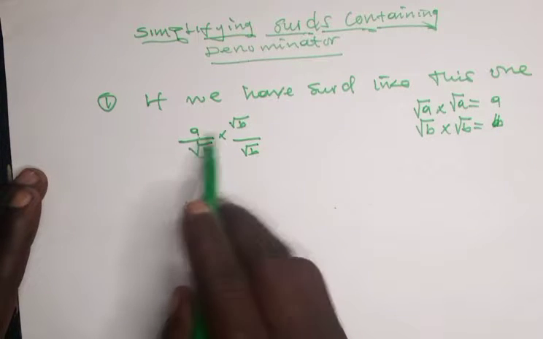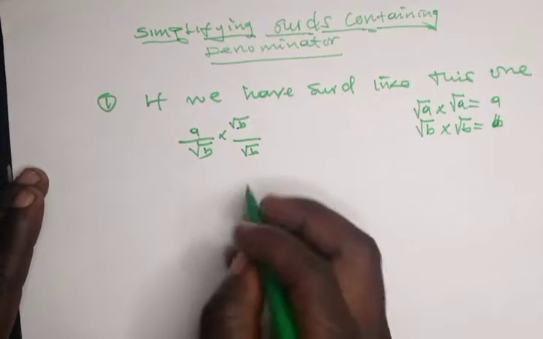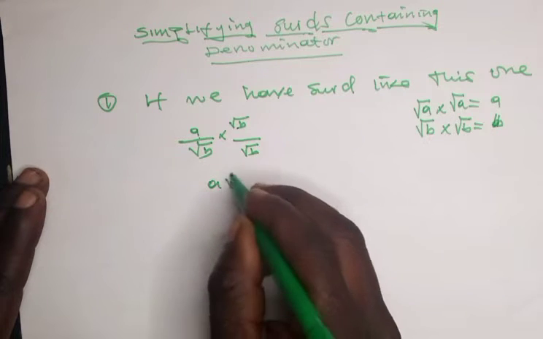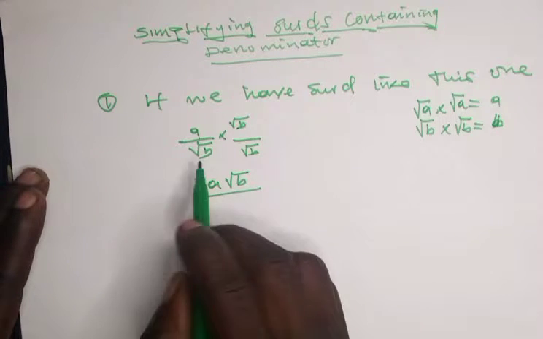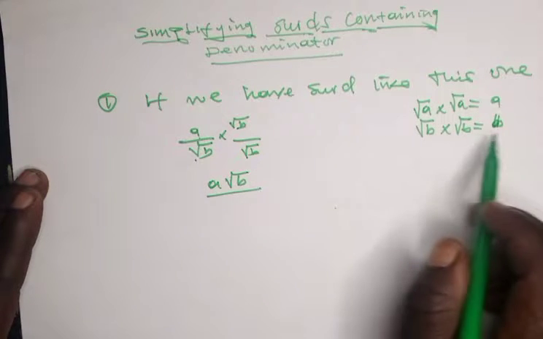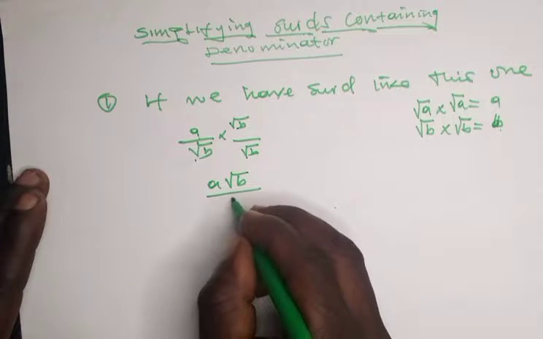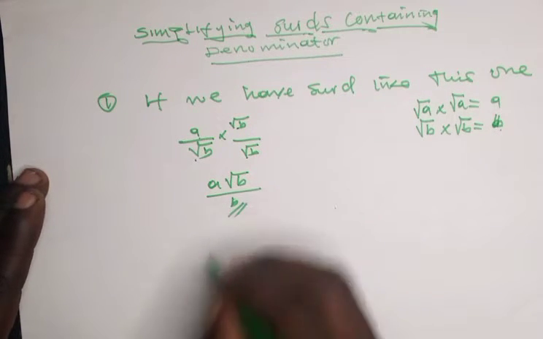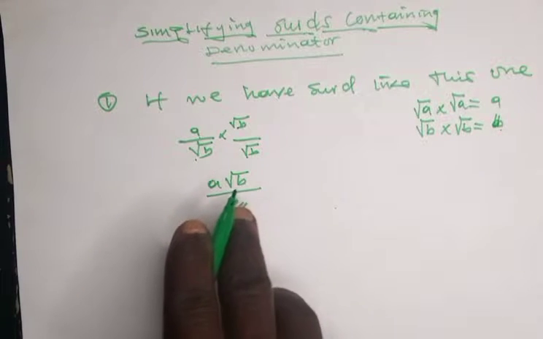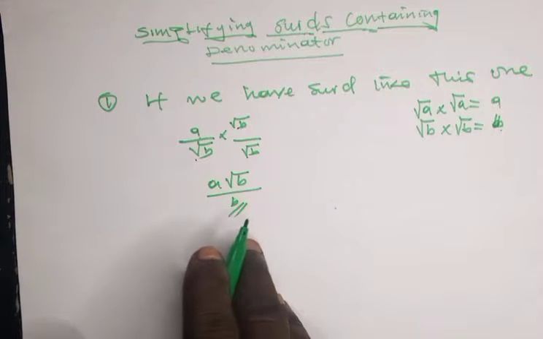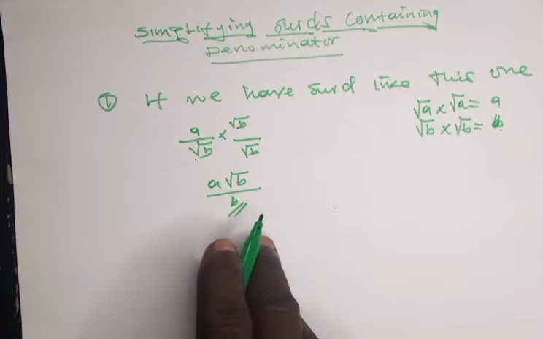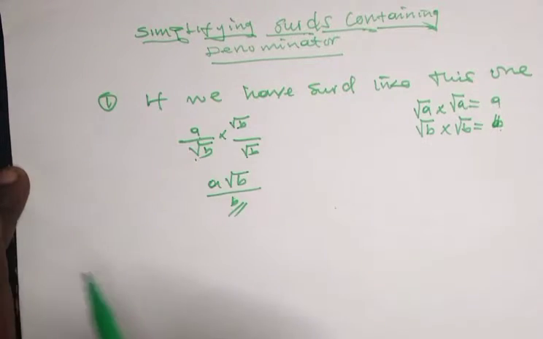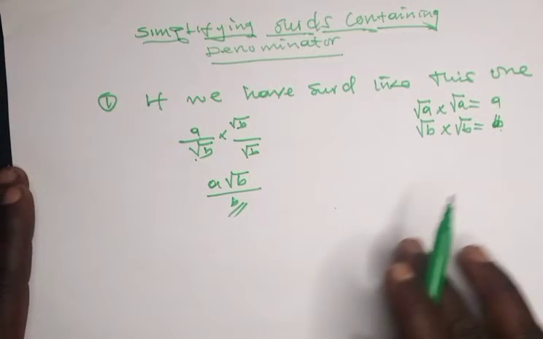So a times the square root b is a square root b, over square root b times square root b. As you can see, that's b. So it is a square root b over b. That's how we treat a question which has a denominator containing surds.